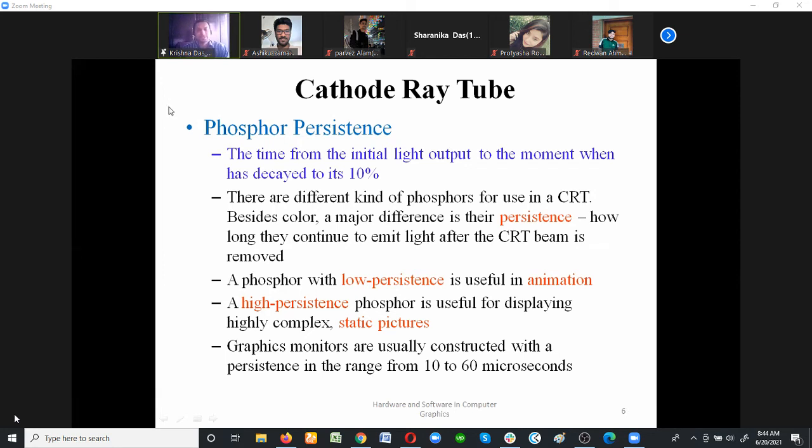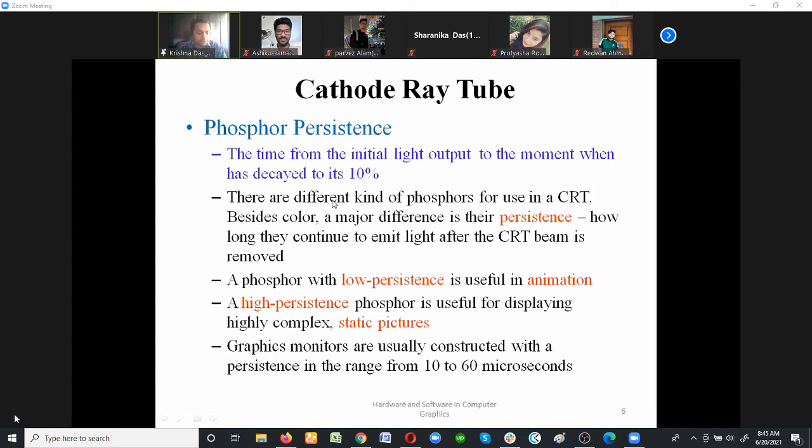Phosphor persistence is time, right, time that can be between 10 to 60.